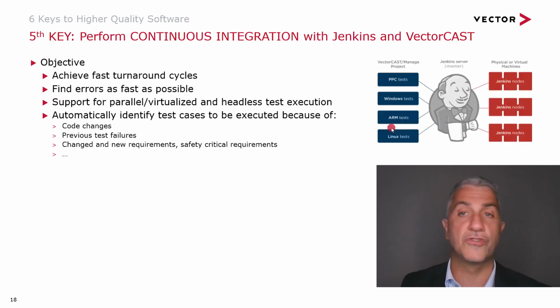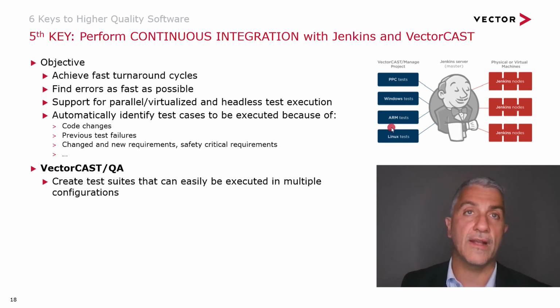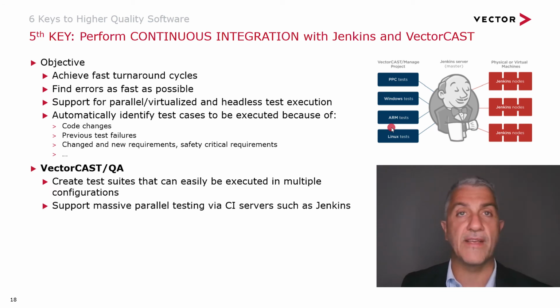So you can use Jenkins as a master, and then VectorCast/Manage with different projects and the physical nodes where to run the tests, or the virtual nodes. And with VectorCast/QA, you can collect the coverage, you can create test suites in multiple configurations, and you can support massive parallel testing with continuous integration servers like Jenkins.